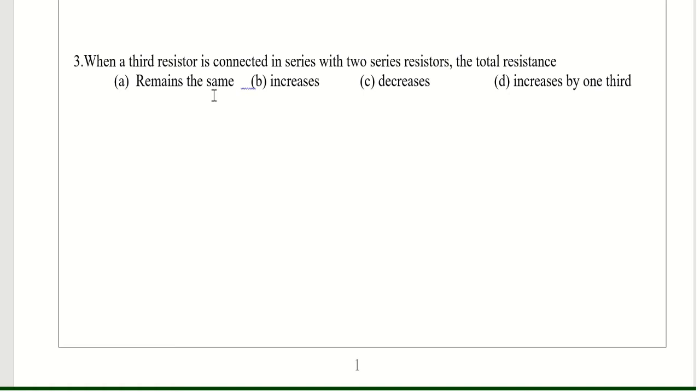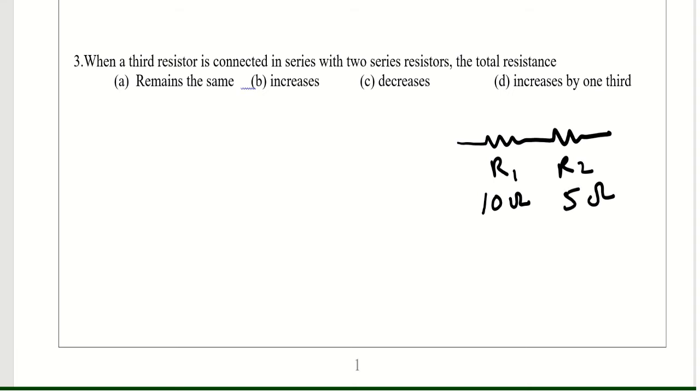There is a circuit, and in the circuit there are already two resistors. Say this is R1, 10 ohm, and this is R2, 5 ohm.